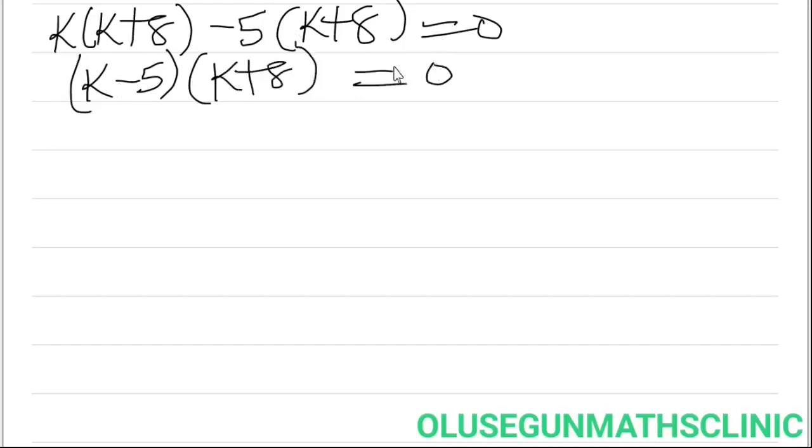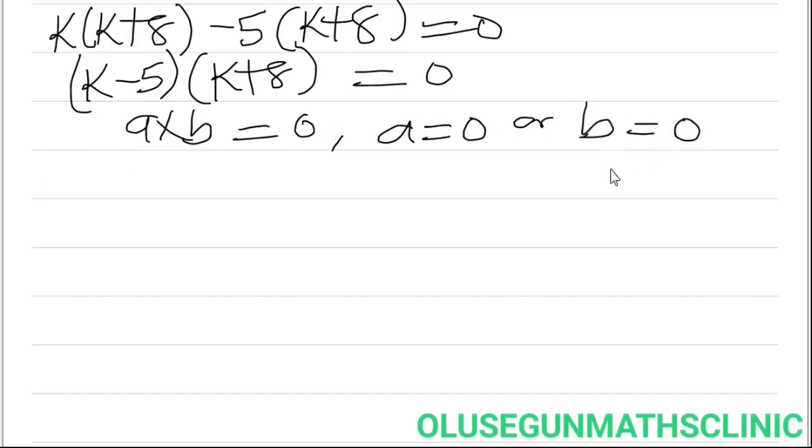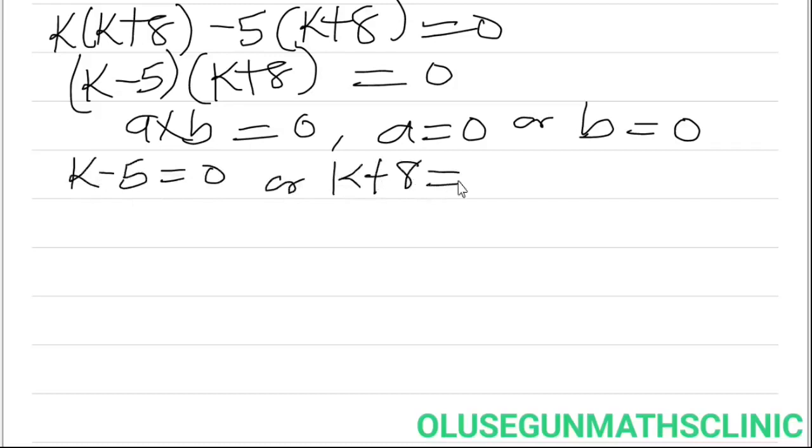But you still have to remember something in our elementary maths, that if you multiply a and b together and it is equal to 0, it is either a is equal to 0 or b is equal to 0. Therefore, k minus 5 is equal to 0 or k plus 8 is equal to 0.